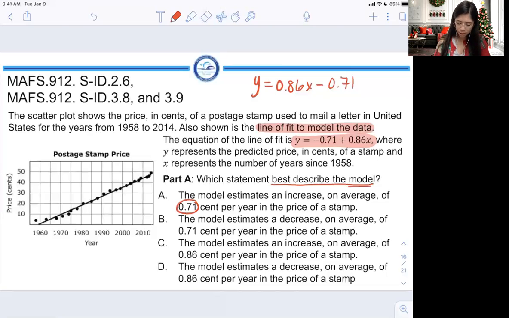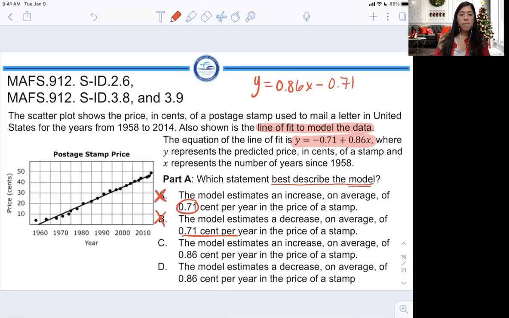That's not the rate of change. That's the y-intercept. Good. The model estimates a decrease on average of 0.71 cents per year. Again, 0.71 is not the slope. It's the y-intercept. What about C? The model estimates an increase on average of 0.86 cents per year in the price of stamps. True or false? True. Maybe. We can leave it.